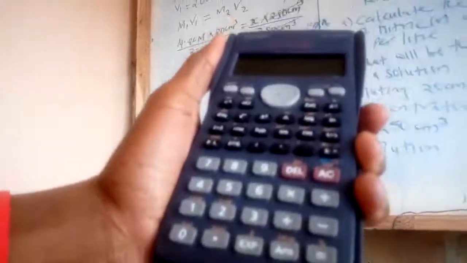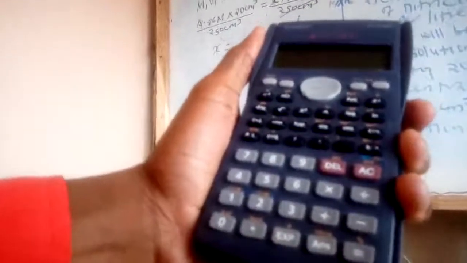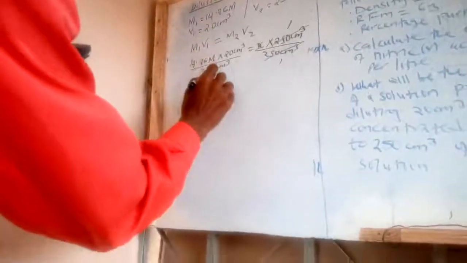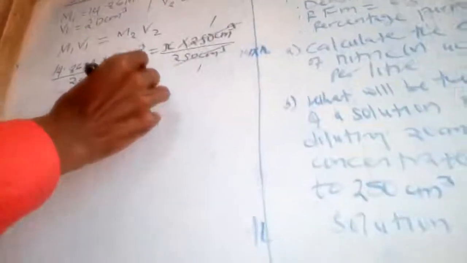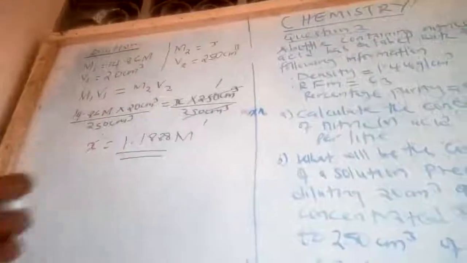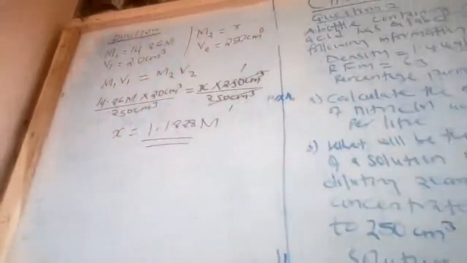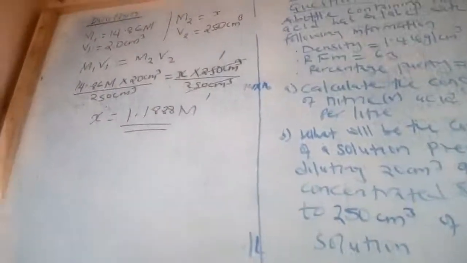You can see it is well written there, and you are supposed to get the answer 1.1888 capital M, and therefore this becomes the answer to the second part of the question.